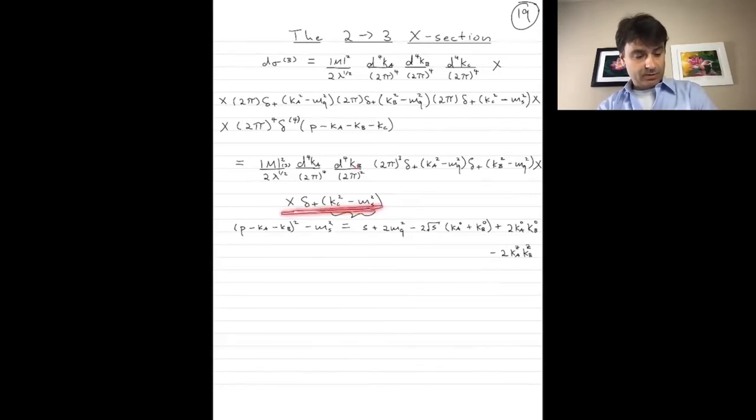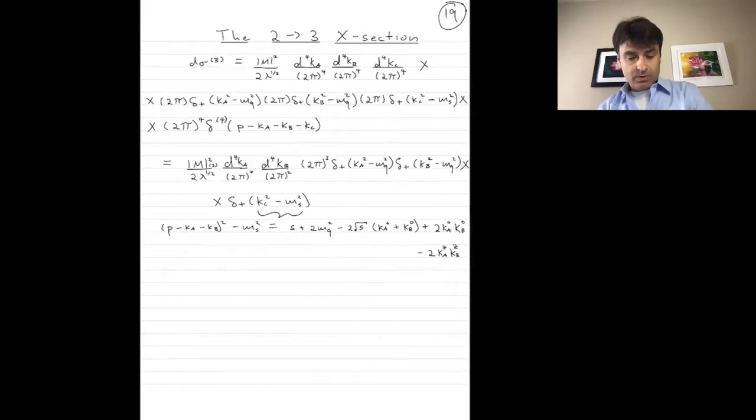So let me take a few moments to simplify the argument of this delta function. After I've taken this delta function, the Kc is actually P minus Ka minus Kb, and then I've got the minus ms squared. I'm going to write that, expand it all out, and I get something like this.